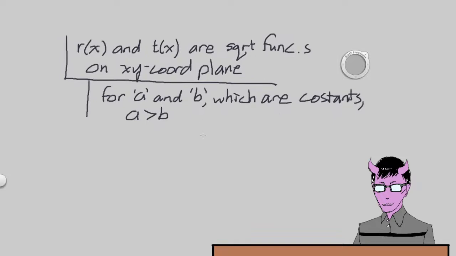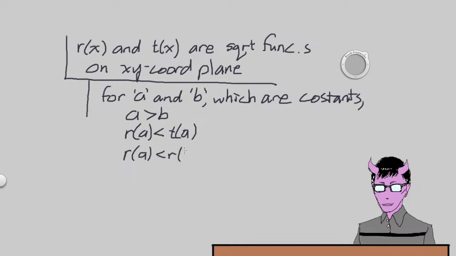I think there's some more conditions as well. Hold on, let me see. For numbers a and b, where a is greater than b, we have also r of a is less than t of a. And then we are also told that r of a is less than r of b.